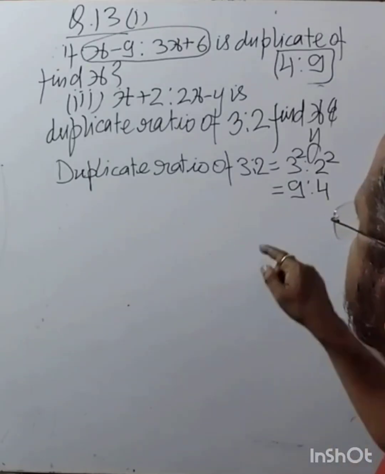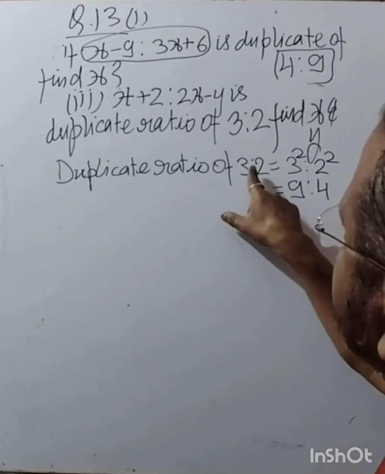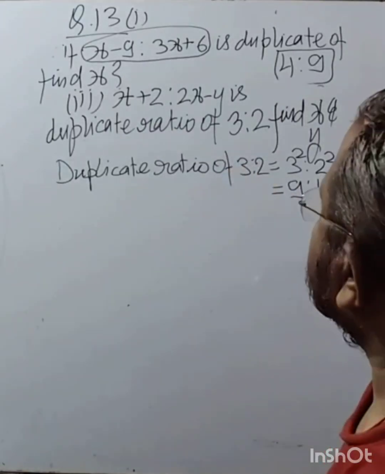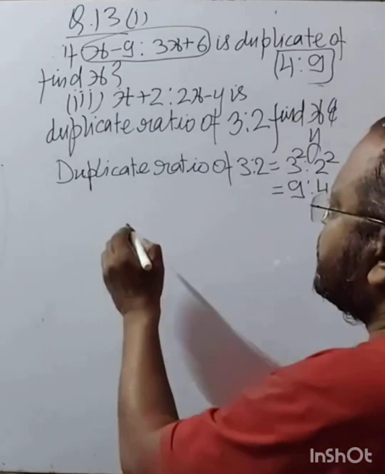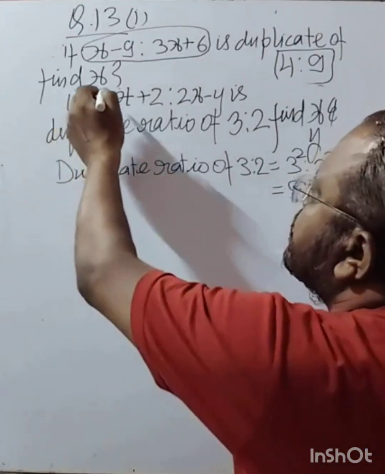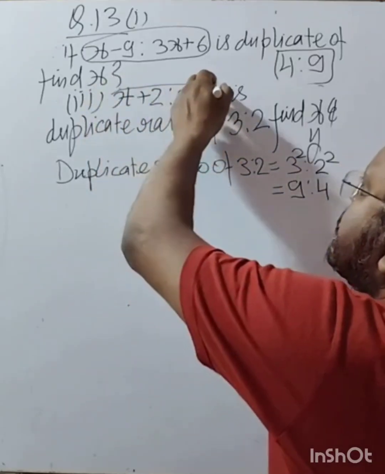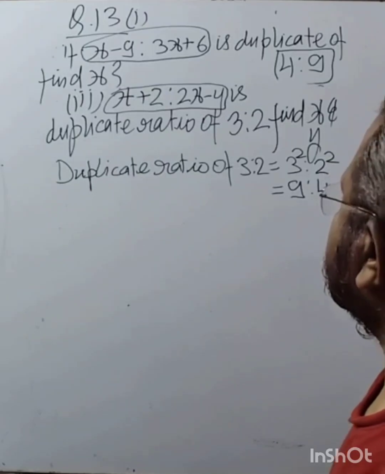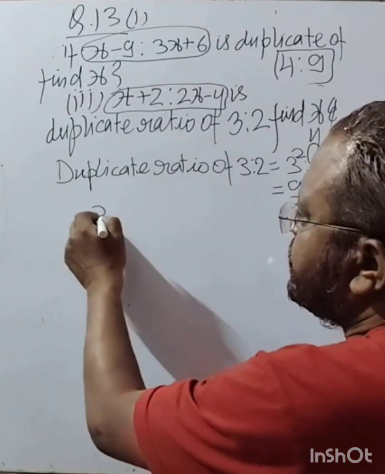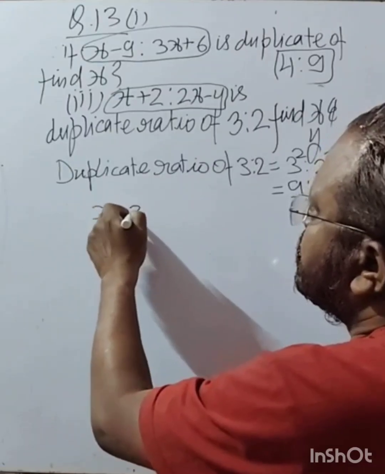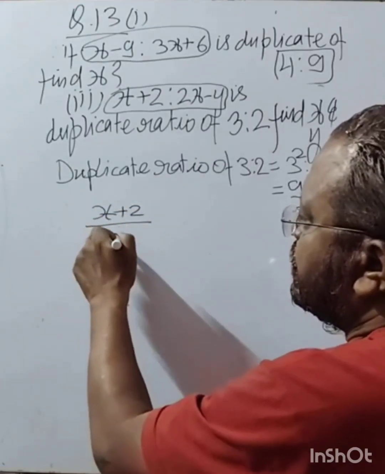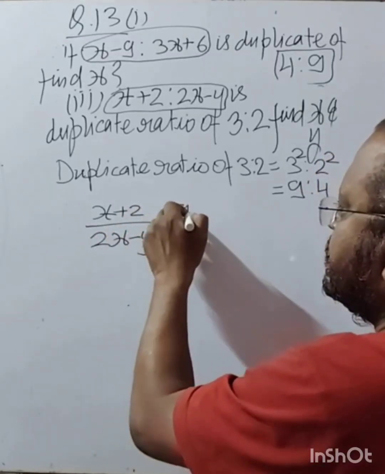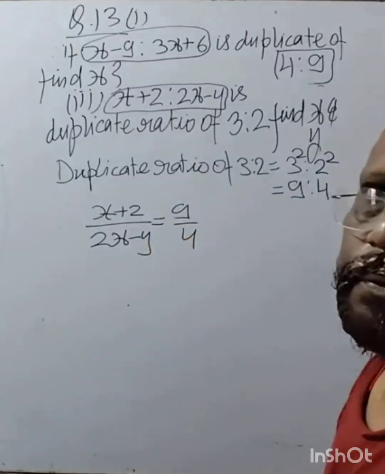So the duplicate ratio of 3 is to 2 becomes 9 is to 4. Now it is given that they are duplicate ratio also, right? So it will be x plus 2y upon 2x minus y is equal to 9 by 4, right?